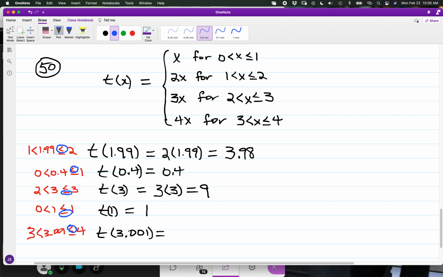So for t of 3.001, this will be the last case where we have 4 times the input. And so the output is going to be 12.004.